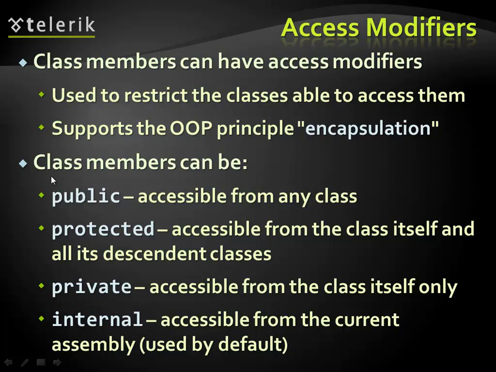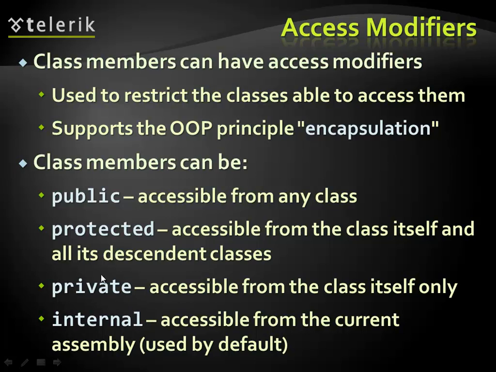So we are dealing in C# with 4 different access modifiers. The public one means that whatever you put public is accessible to everyone. So if you have a public field or a public property or a public method, it will be accessible to anyone who has an object of your class, or if it's static, anyone who can access your class itself can reach those.